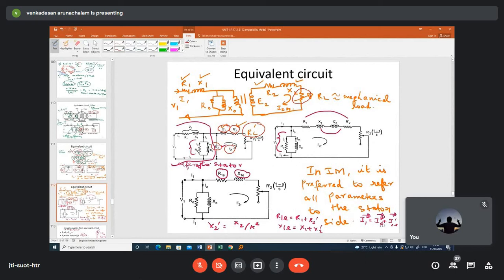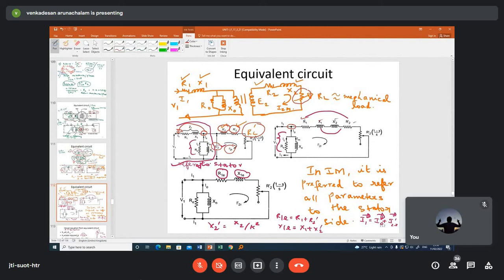And we know very well that we shift the shunt branch to the front end for easier analysis. So this is moved to the front. R0, X0 is moving to the front. Now R1, X1, X2 dash, R2 dash.